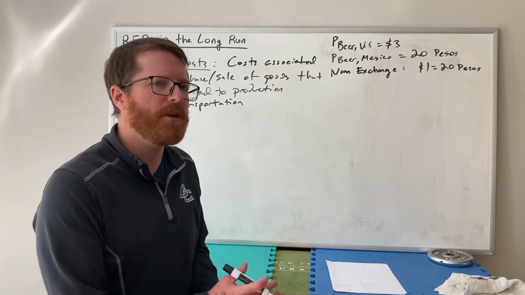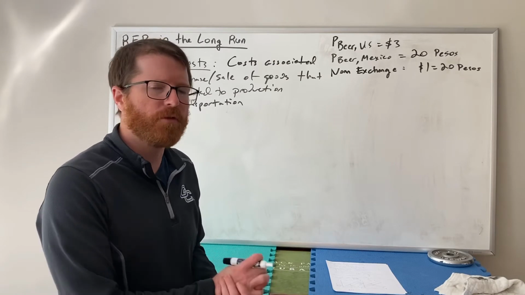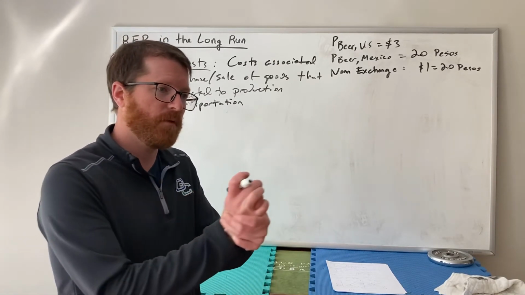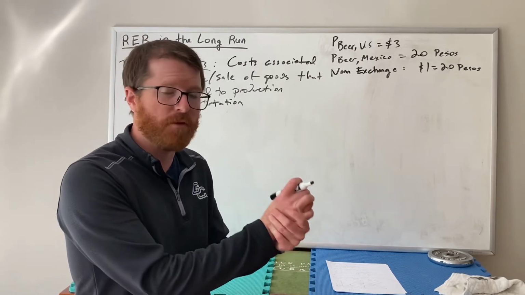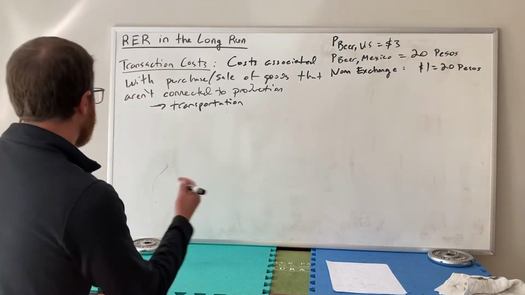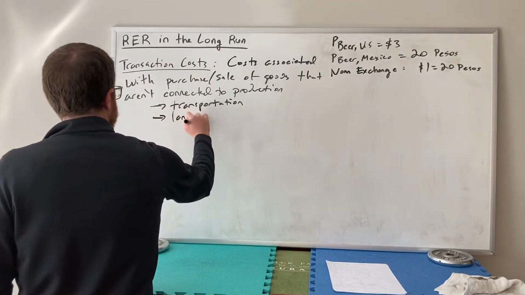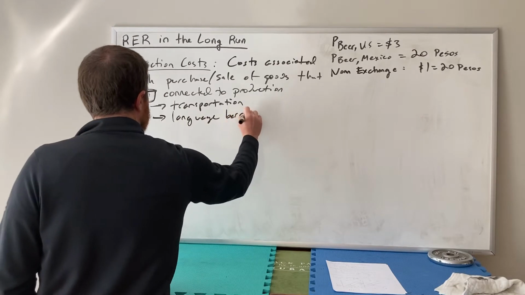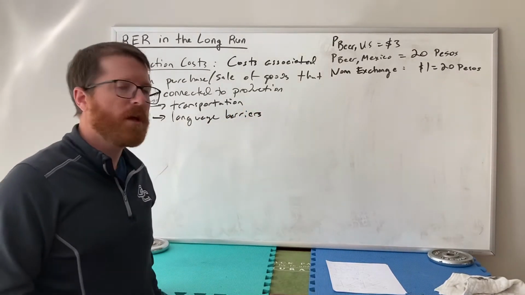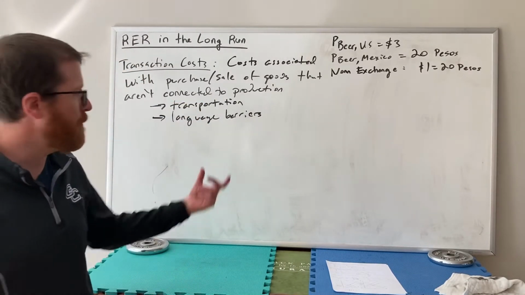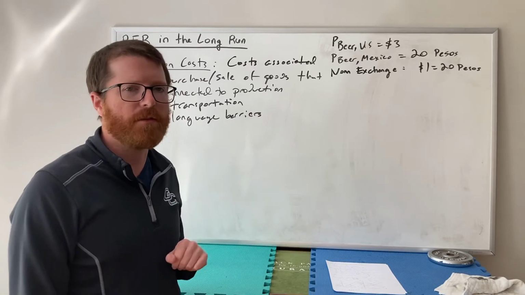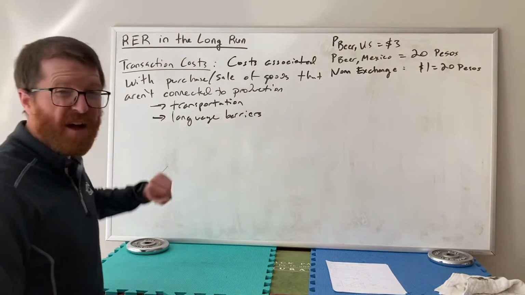So if you go to Amici to buy a beer, the producer has to get the beer to Amici, but also the consumer has to spend time and use up gas to get to Amici to purchase the good. So there's a transaction cost there. Language barriers, a form of transaction cost. If you're trying to buy a good from somebody in another country, of course there's transportation costs, but also it might be hard to communicate with that person, so you might need to hire a translator. Those would be transaction costs. And so those are very obvious transaction costs.